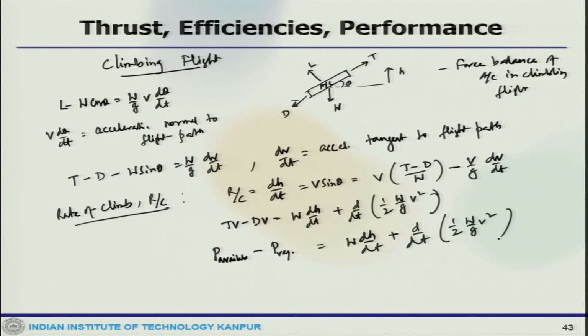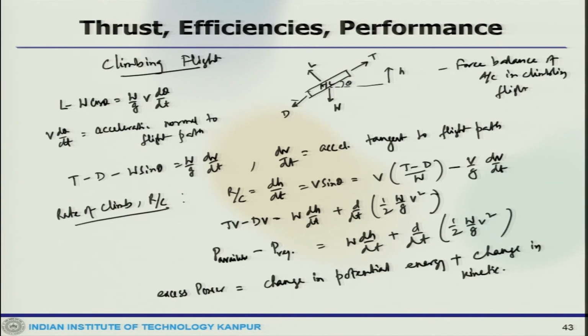In other words, one can say that excess power should be the change in potential energy plus the change in kinetic energy.